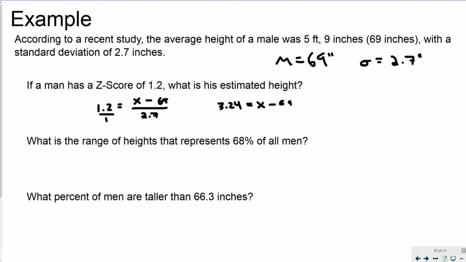So adding 69 to both sides, x is going to equal 72.24. So that's about 72 inches tall. Or if you're more of a fan of calculating by height feet, the standard measurement, that would be someone who is 6 feet tall.